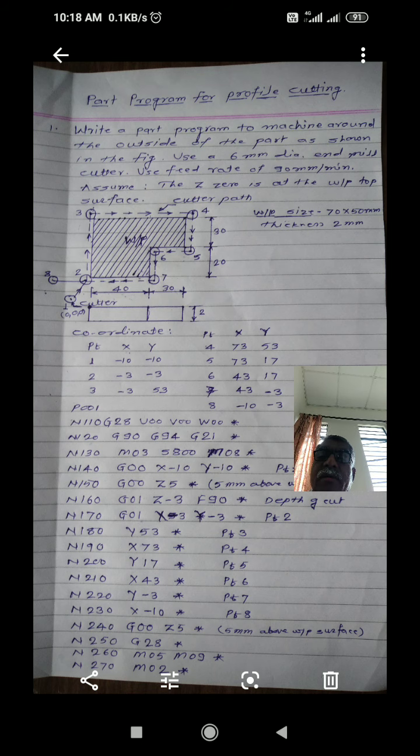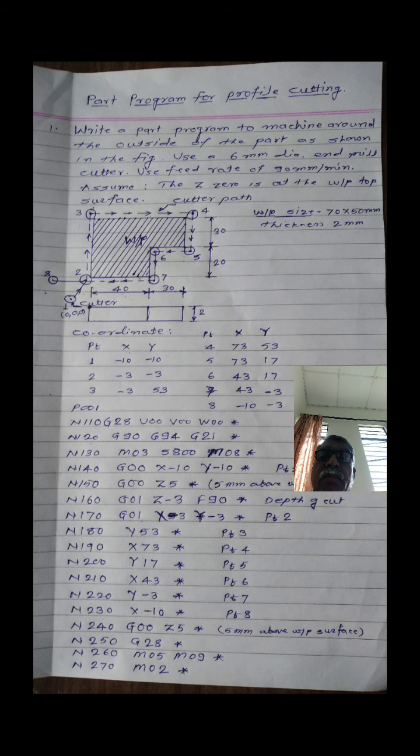Y coordinate remains same, that is 53. Then again you have to move the cutter from point 4 to 5 over the length of 30 millimeter. Is it clear? What are the coordinates of point 5? X coordinate remains same, 73.